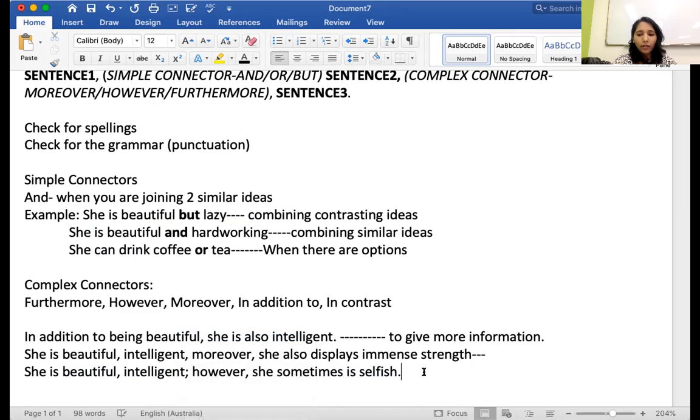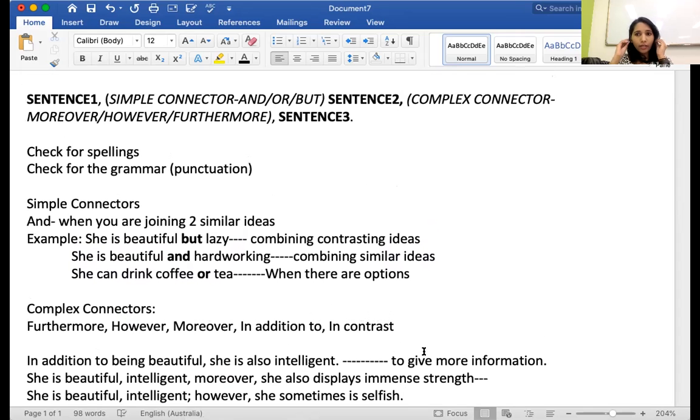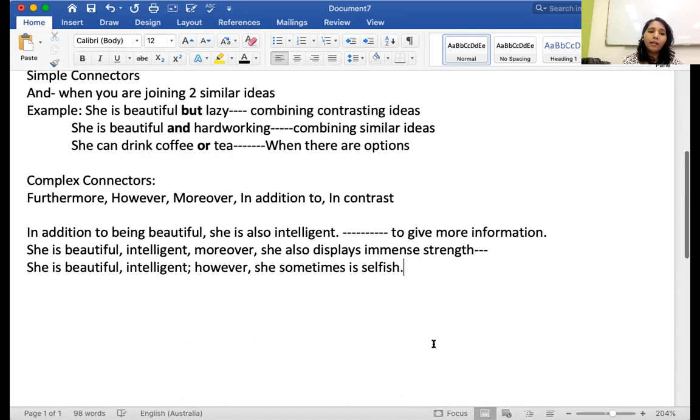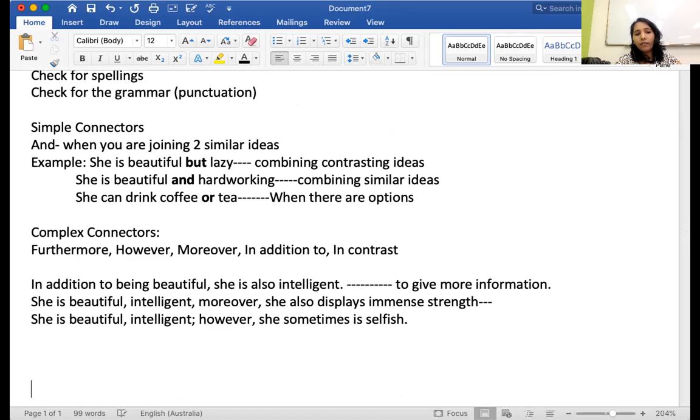Then when you use moreover, in addition to however, furthermore is also used to give more information about it. Okay, so to give more information, to add to it, you use furthermore. So all these can be your connectors or your simple connectors. So in other words, if you are stuck between what connector to use, you can simply use and, moreover.